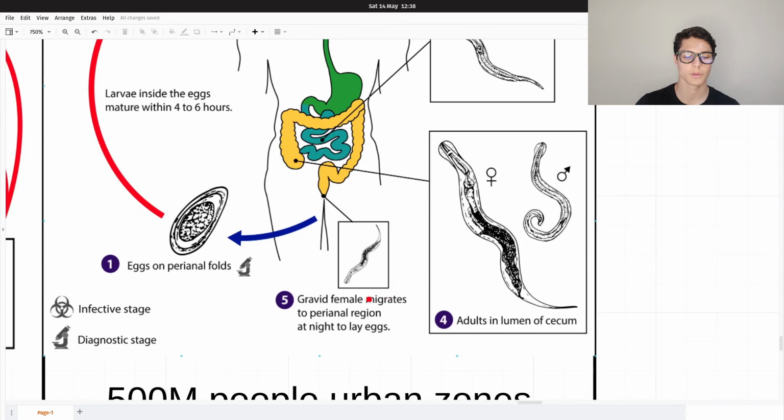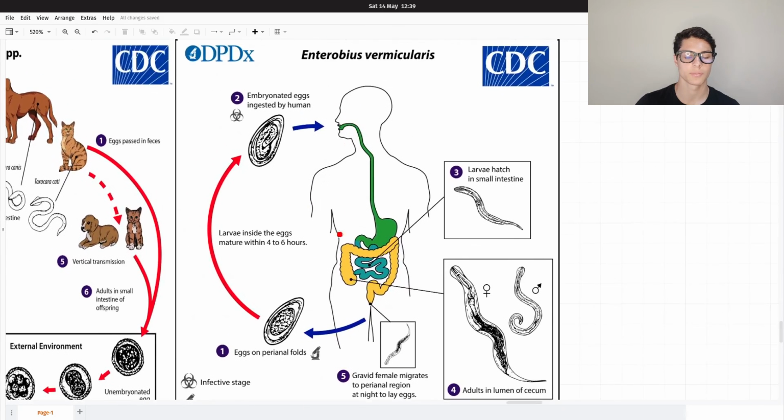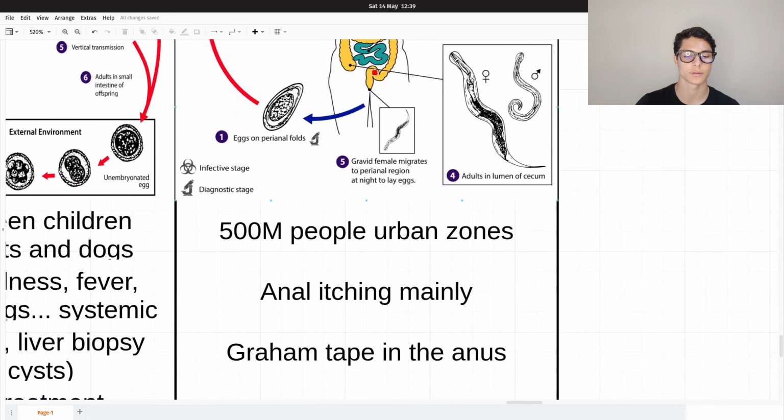And then gravid females migrate to the perianal region, and at night they lay the eggs again into the perianal folds, and the cycle repeats. This is very, very common in children.